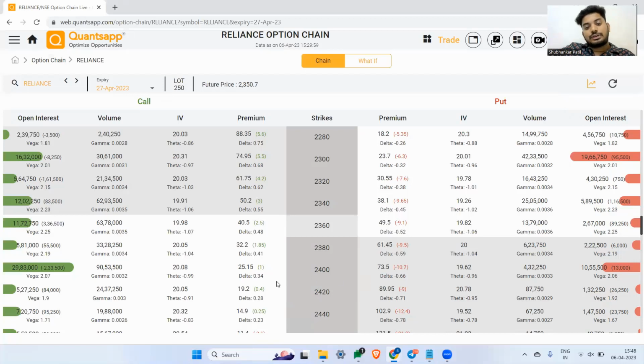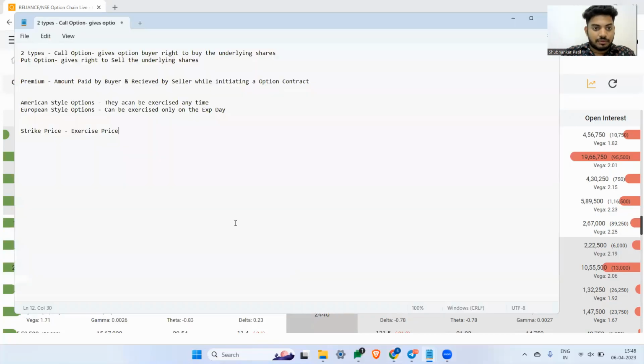If I buy a 2400 strike price call option, that means I have a right to buy the shares at 2400. So that is the strike price, the exercise price: the price at which we will buy or sell the underlying.